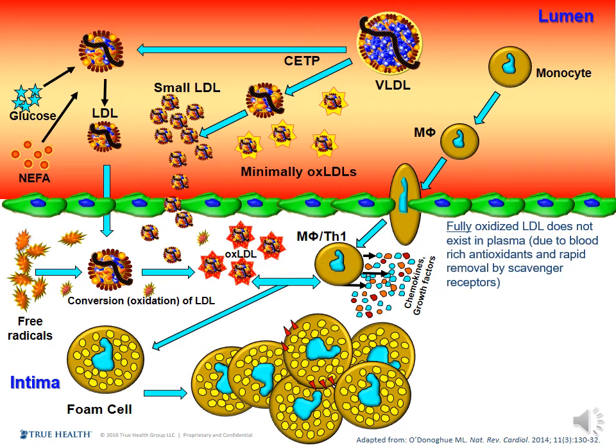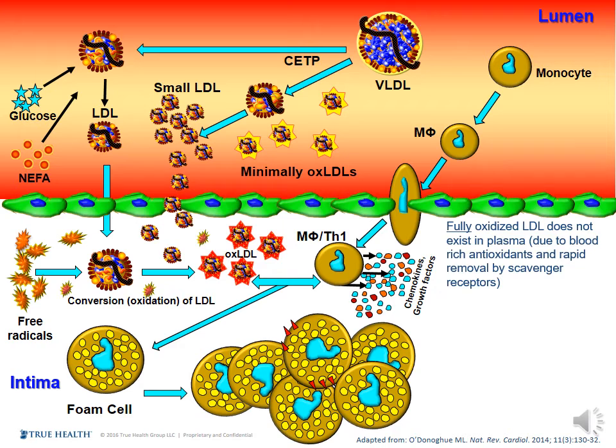Now here's the key concept. The oxidative process where LDLs become fully oxidized occurs within the wall of the artery. It does not occur in plasma. So in essence, there are no fully oxidized LDL particles circulating in plasma. But we have an assay that measures oxidized LDL.